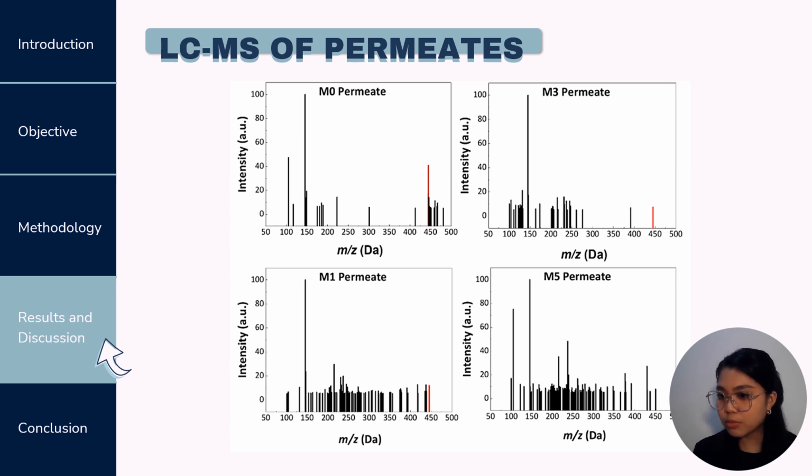And then as we move further, we have here M1 and M3, still a reduced peak for TC, but still there. And finally, at M5, again, we achieve complete degradation, meaning we don't have the presence of TC at the retentate and the permeate.